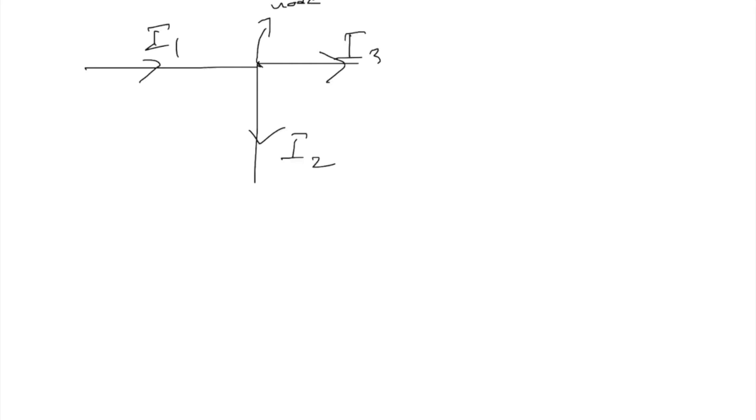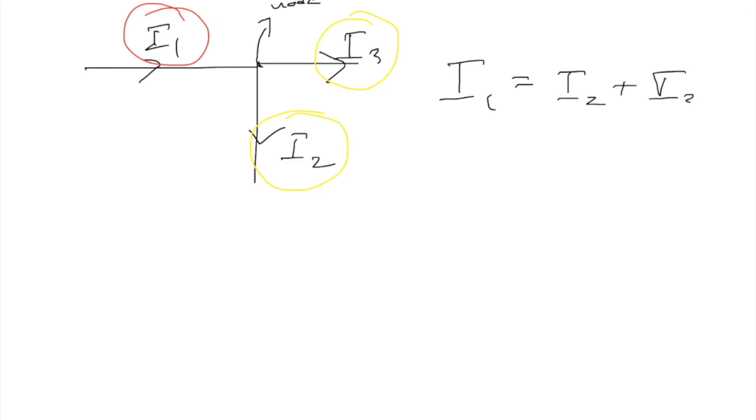The current entering my node here is I1, and the currents leaving the node are I2 and I3. So I can write my expression for KCL as I1 is equal to I2 plus I3. So that is my KCL expression.